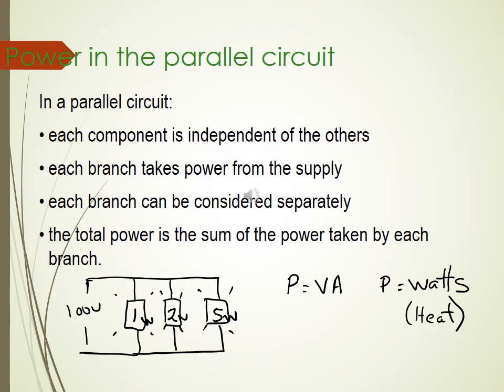Each branch takes power from the supply, and each branch can be considered separately, and the total power in the circuit is equal to the sum of the individual power. Power is measured in watts, and in very simple terms, in resistors in DC, we can just consider that as heat.